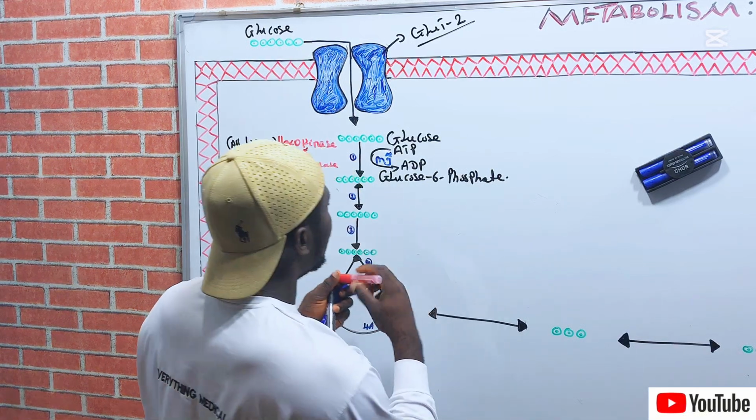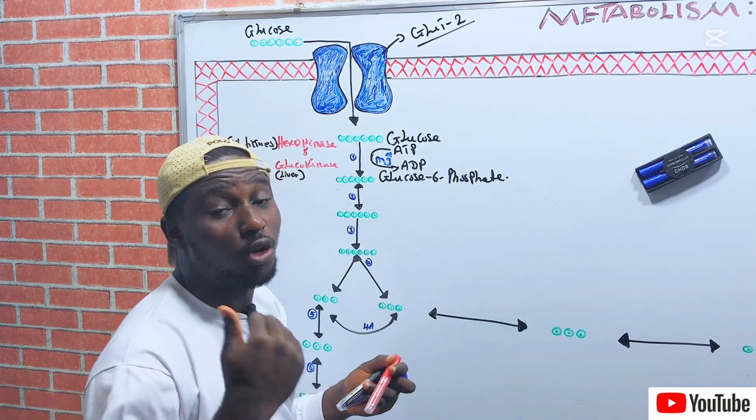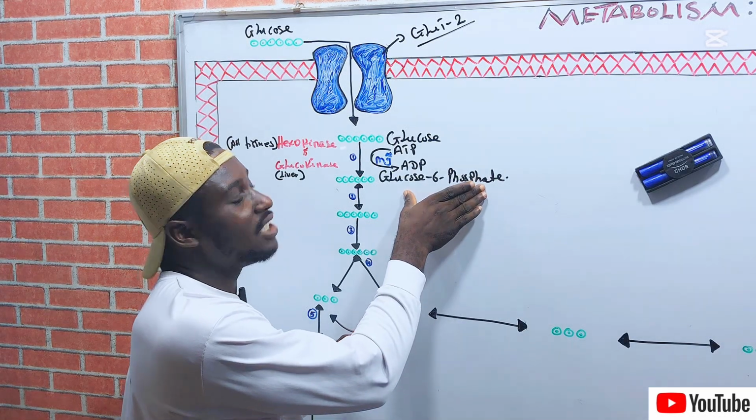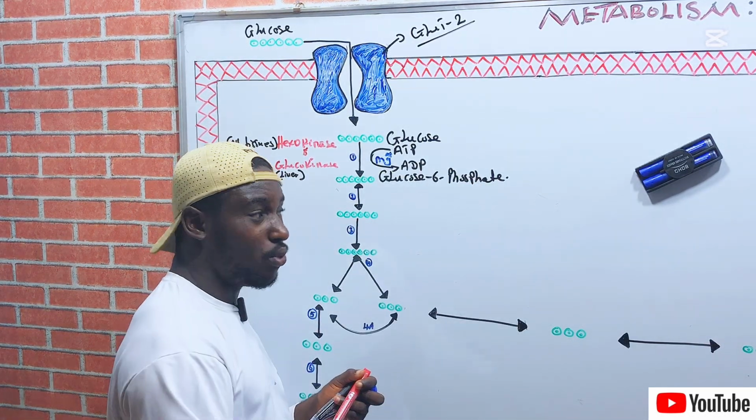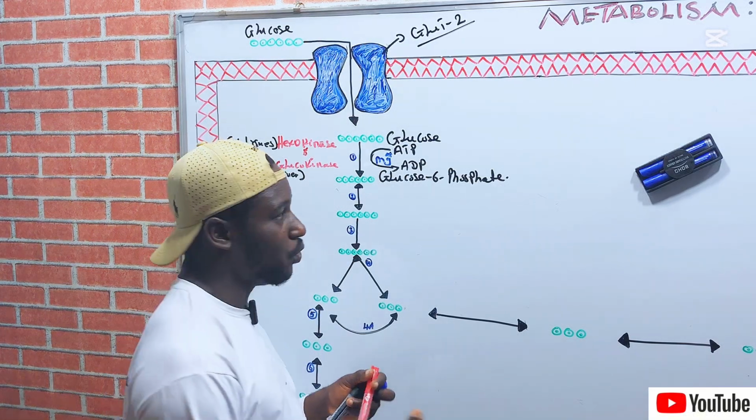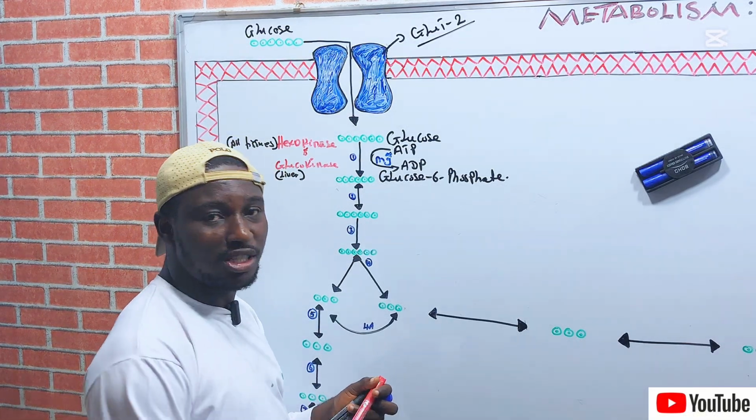Recall that this glucose 6-phosphate has its own fate, because once it is generated, it has other metabolic fates, where it features in other metabolic pathways, right? What are the fates of glucose 6-phosphate?